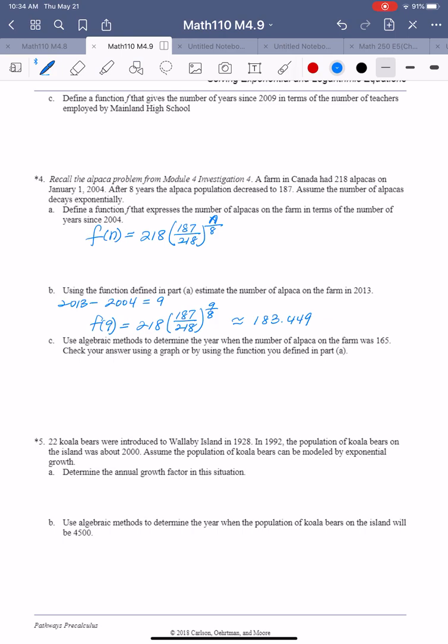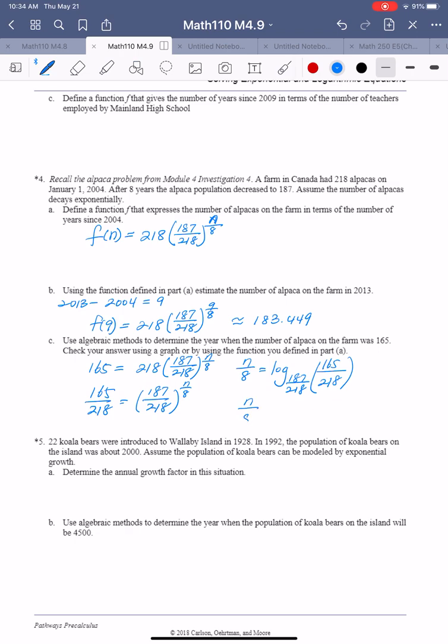Use the algebraic method to determine the year when the alpacas on the farm were 165. So 165 equals 218 times 187 over 218 to the n over 8. Solving for n, 165 over 218 equals 187 over 218 to the n over 8 power. Solving for the exponent, we use a log with base 187 over 218 of 165 over 218.